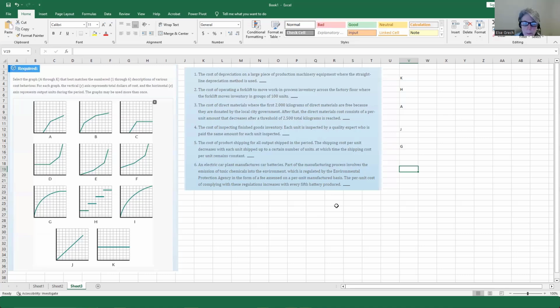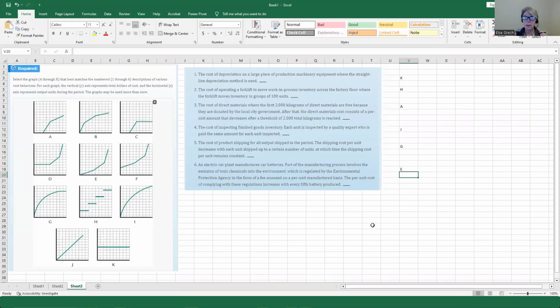So the more batteries they produce, the higher the cost is going to be. Yeah, I think the only way we can look at this is E, because here, if we go 5 and then another 5 and then another 5, and of course it would go on and on. Because it's becoming steeper. Yep, it's becoming steeper. E is the only way to go.